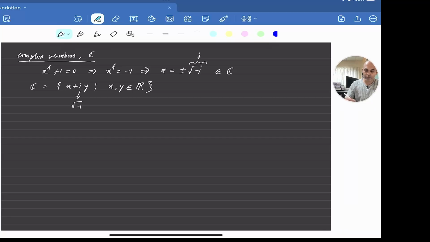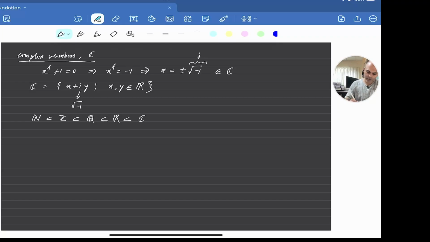So in terms of the subset relation, we have natural numbers form a subset of integers, and integers form a subset of rational numbers that form a subset of real numbers, and real numbers form a subset of complex numbers.